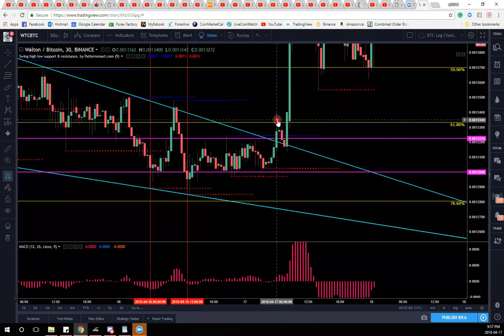If it just wicks out and comes right back in and closes back into the pattern, that doesn't count as your break. If that happens, then you need to break and close out of it a second time before you can start your break, hook, and go process. Now this one is clean, so we get our breakout candle. It closes outside the pattern, and then we get what we call our hook.